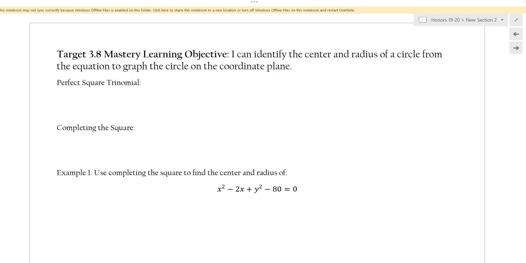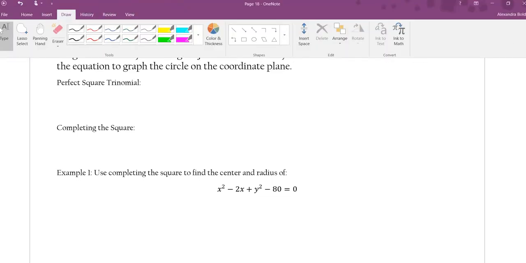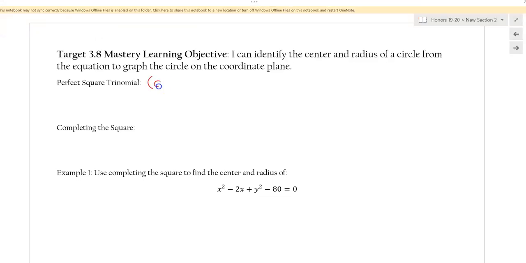So some important things we need to know about are perfect square trinomials. Perfect square trinomials are something that are a plus b squared. And a plus b squared is the same as a plus b times a plus b.